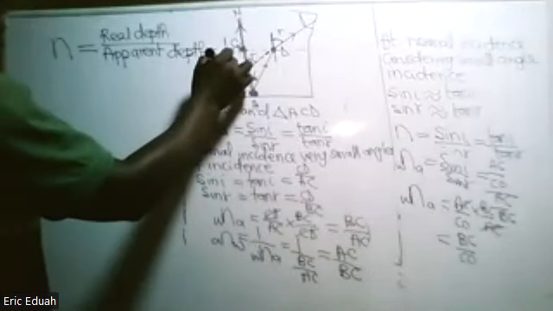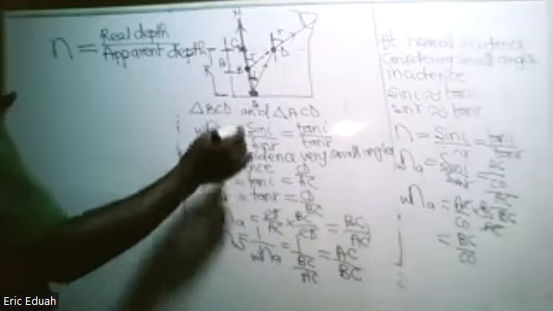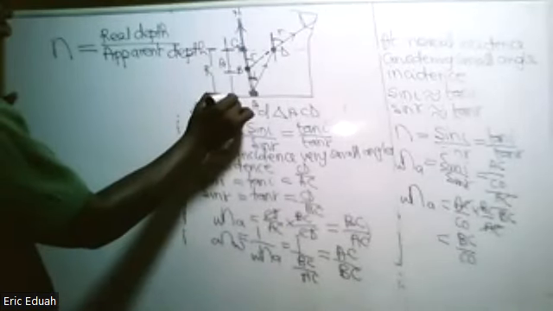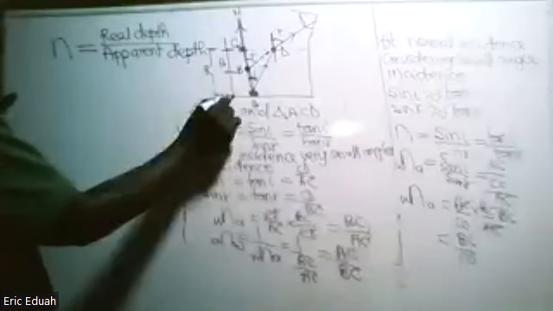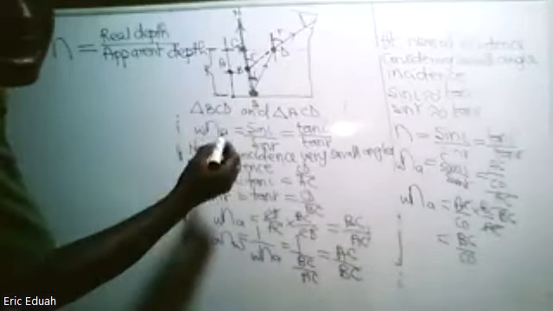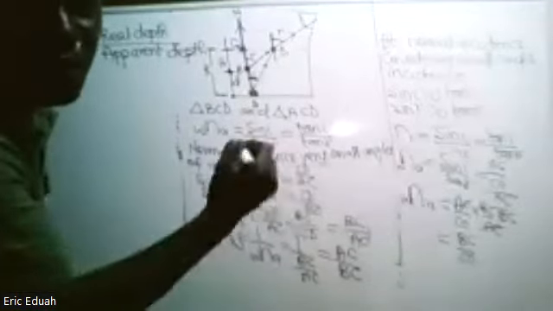So this distance is the apparent depth A. Now, from the original position of the object to its virtual position is the extent to which it has been displaced vertically. So we call this the vertical displacement or normal displacement. Normal because it's like perpendicular displacement.